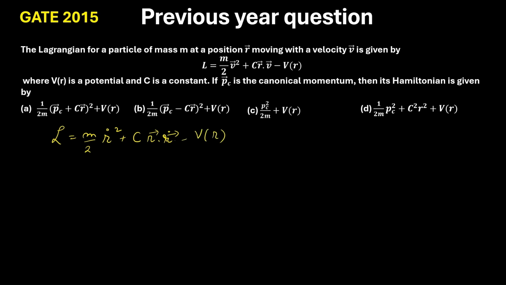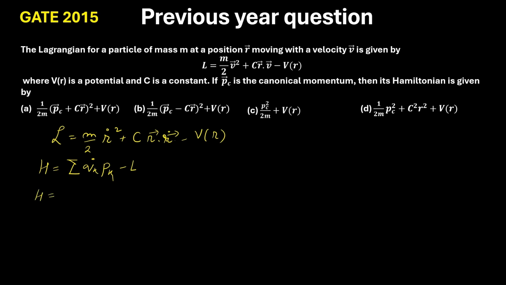So this is the Lagrangian. Now we have to write the Hamiltonian for this. So we can use the formula: summation of q k dot p k minus the Lagrangian.